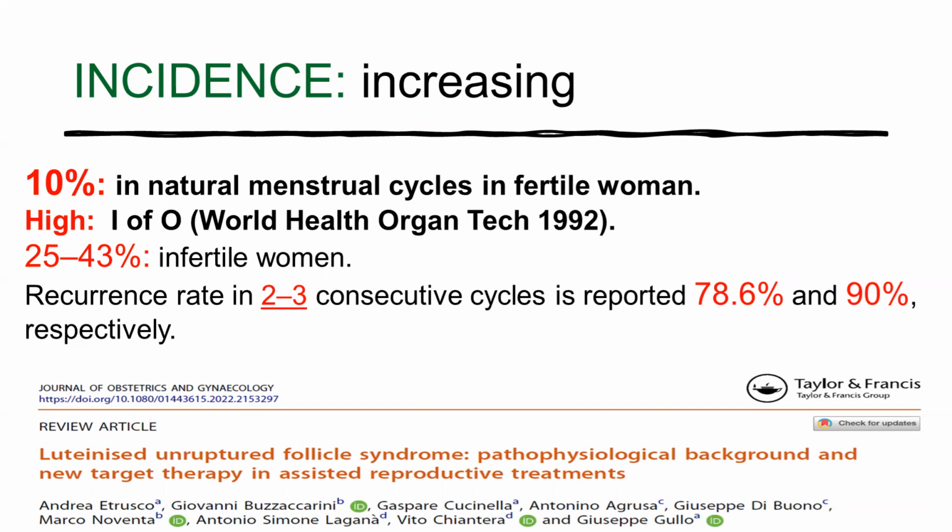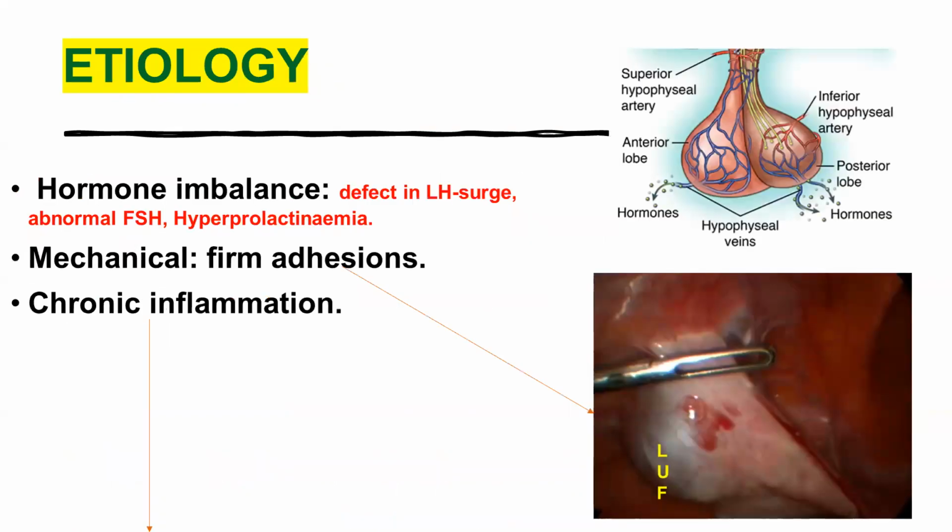And the recurrence rate in 2 to 3 consecutive cycles has been reported to be around 79% and 90% respectively. So we have to give some attention to this LUF in our practice.